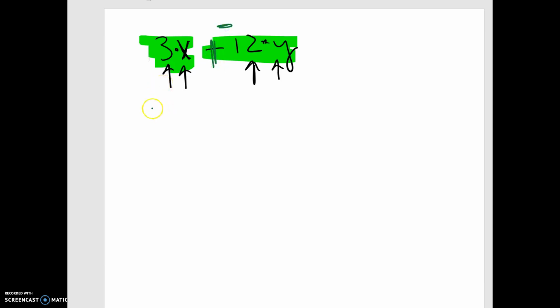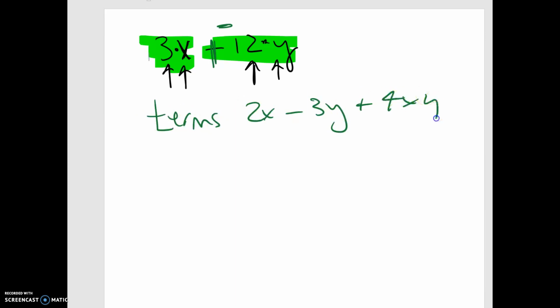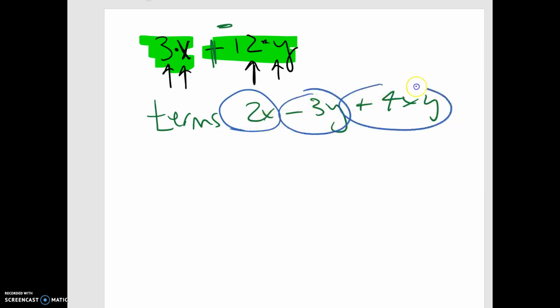So terms are chunks that are separated by addition. So you might have something like this, right? And so the terms include the sign in front. So that's a term, a term, a term. So terms are things that get added together. Factors are things that are multiplied. So like 2xy, these are all being multiplied.